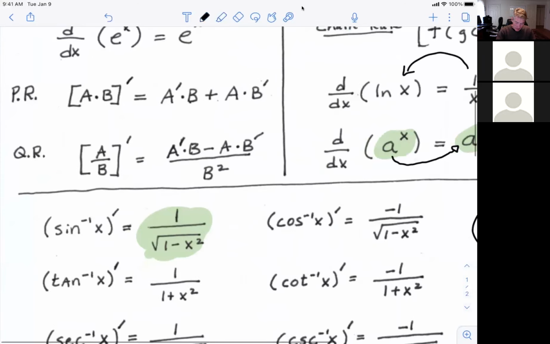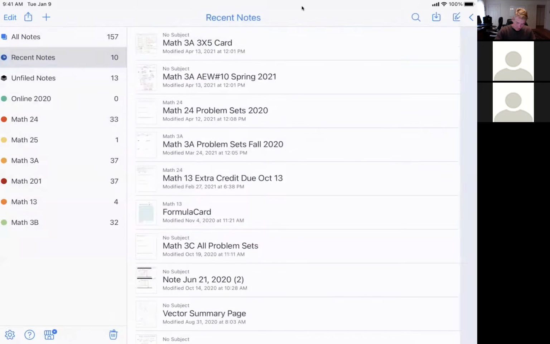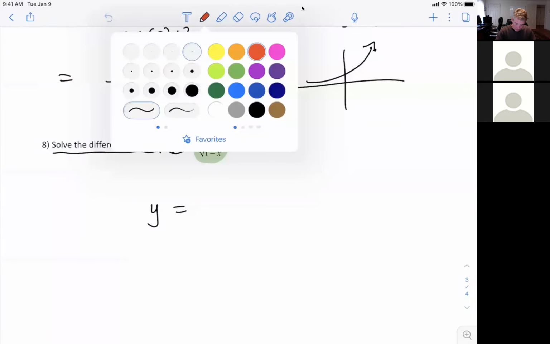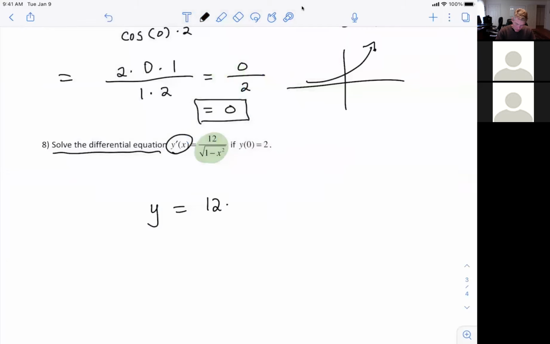Now, the function had a 12 right here, so I could just multiply both sides by 12. So working backwards, the original function must have been 12 times sine inverse of x, and then plus the c.